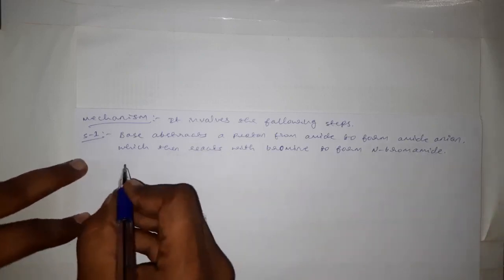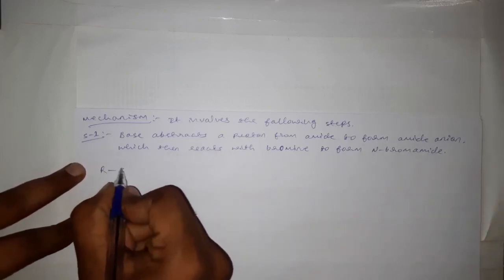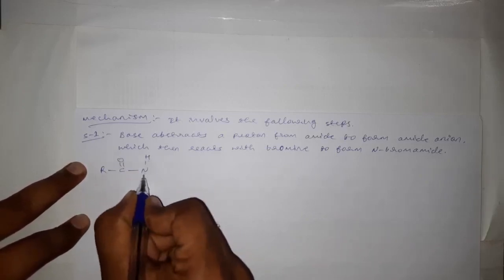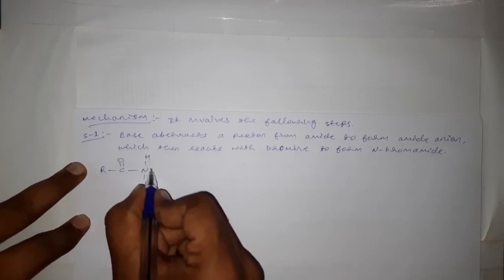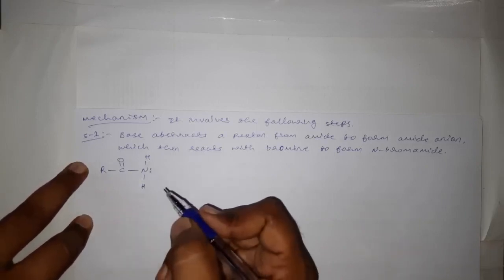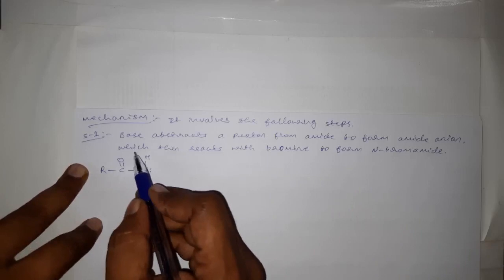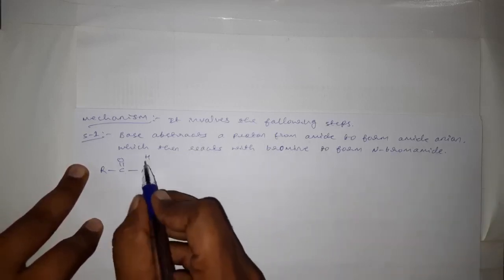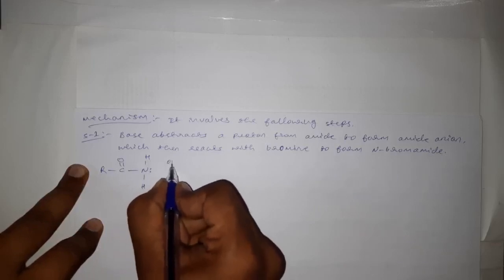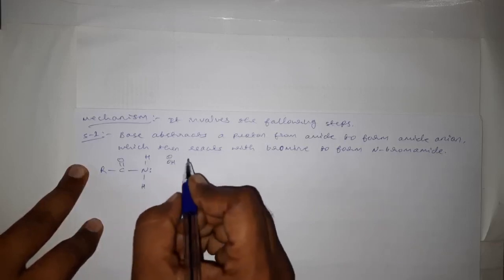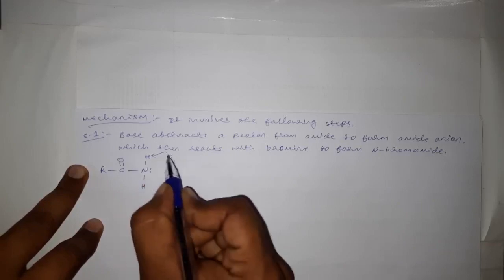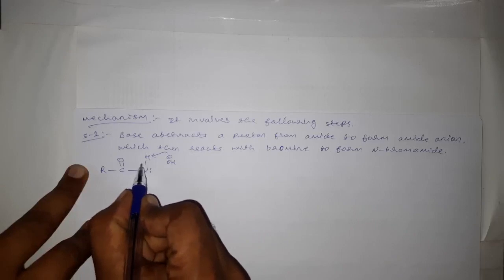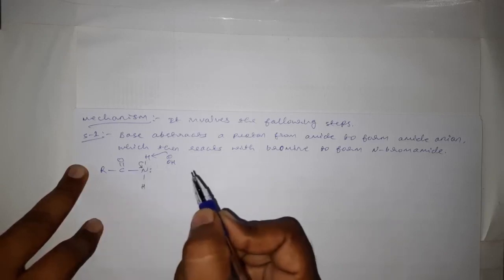See, we have RC double bond O, N, H, H, and here this nitrogen has a lone pair of electrons. In the first step, the base abstracts a proton from the amide. Here 2 hydrogens are there, and the OH minus from the base will abstract one of the hydrogens as H plus, and the bonded electrons between nitrogen and hydrogen will move towards nitrogen.